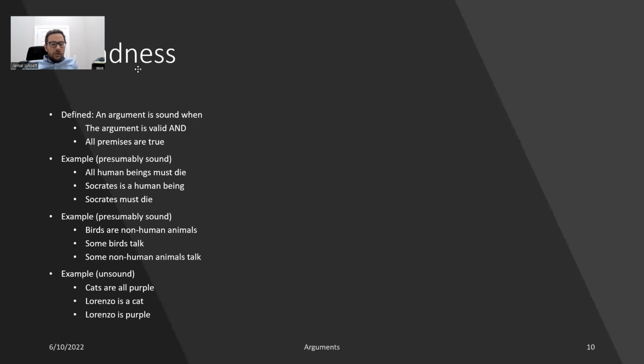And here's an example of an unsound argument. Cats are all purple. Lorenzo is a cat. Therefore, Lorenzo is purple. Remember, we have two things: one, valid; two, all the premises are true. Is this a valid argument? Well, the conclusion follows from the premises. What about the truth of the premises?